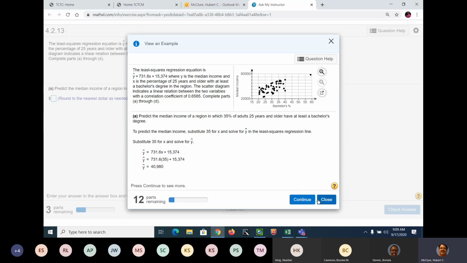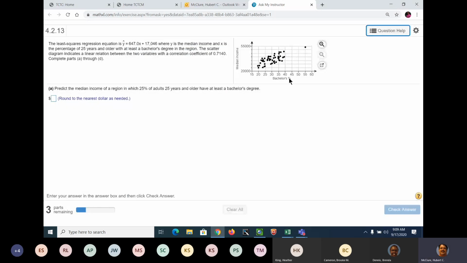Oh, okay, I see. Do you see that? I didn't even see that. The percentage is down here. So 25% would be right in here on the least squares line. So you're going to plug in 25 right here. And that's what you're going to be doing.